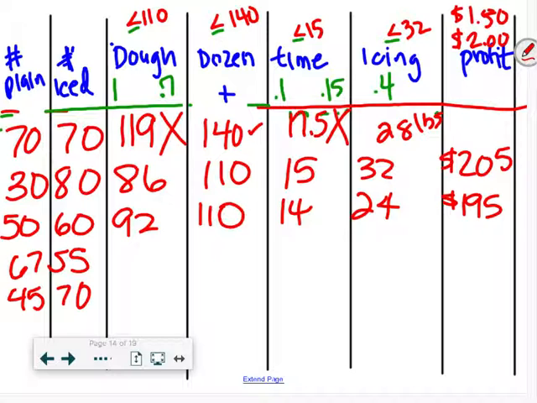I didn't check the icing with profit because those were dependent on either another cookie or that cookie. So I checked the dough, the amount of food storage, and the amount of time I had left. I don't think that's correct, but if it is, I was able to make 67 cookies for the profit of Jacob's.